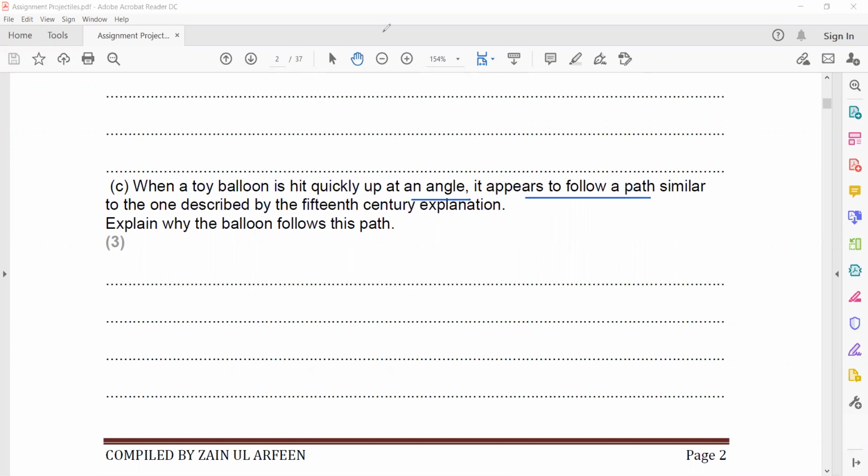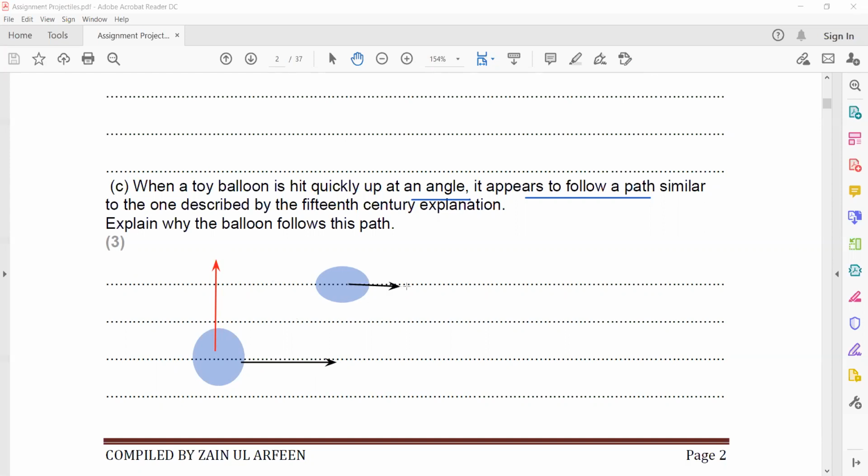Because practically, there is air resistance. The air resistance opposes the motion. As the air resistance opposes the motion, the vertical component is decreasing. But the air resistance also opposes the horizontal component, so the horizontal component does not remain constant.